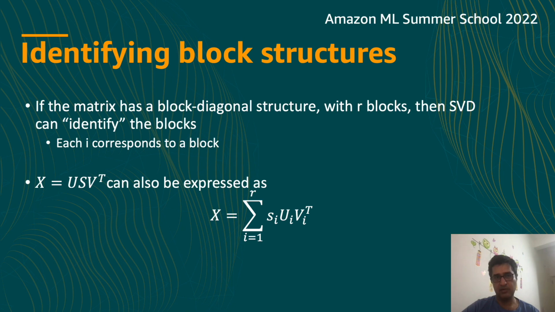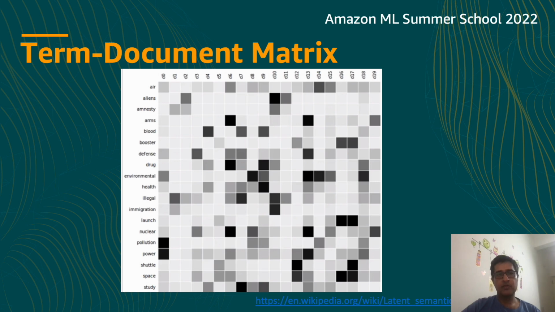Okay, so let's say you had a problem which was related to text. So you had a textual problem where you had the document numbers represented on the x-axis.